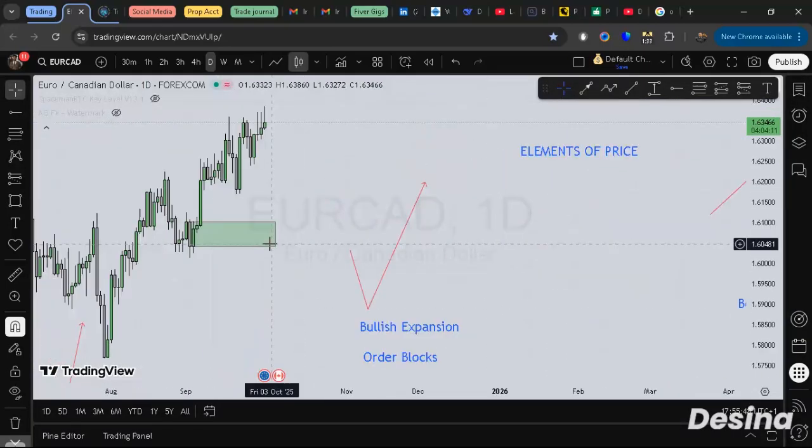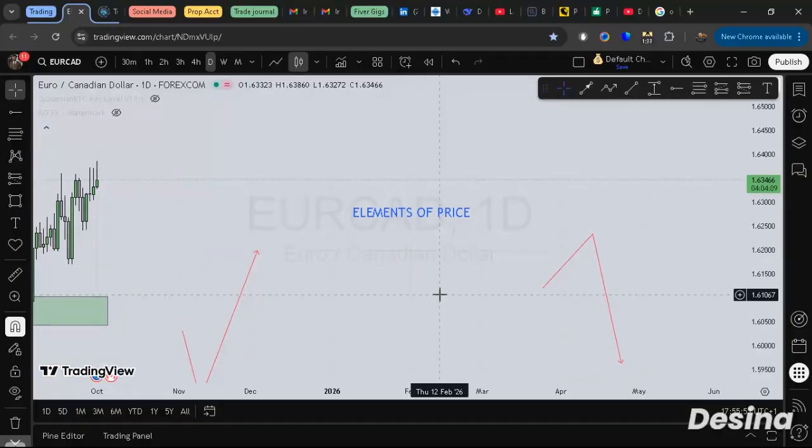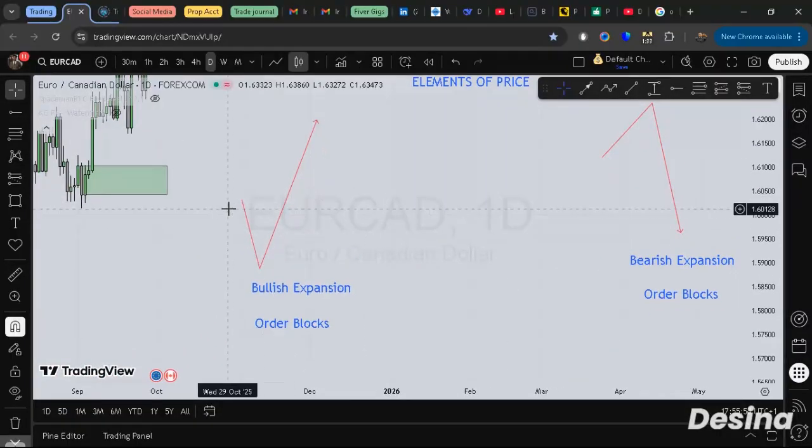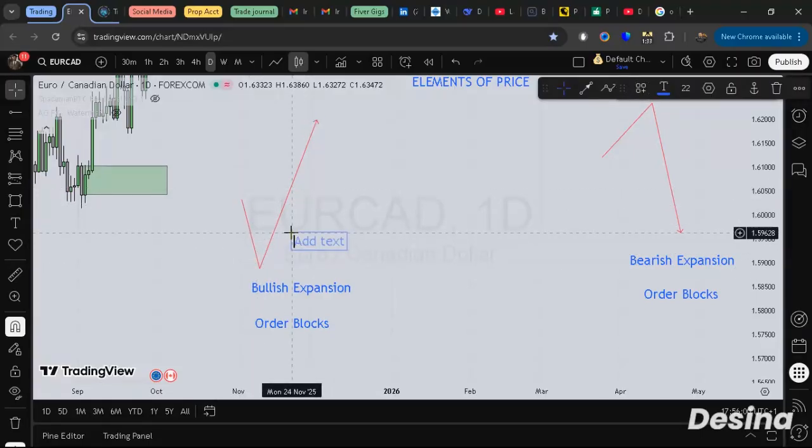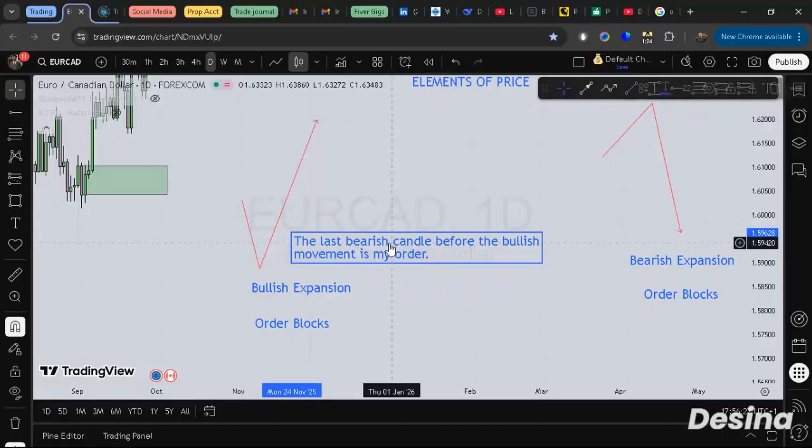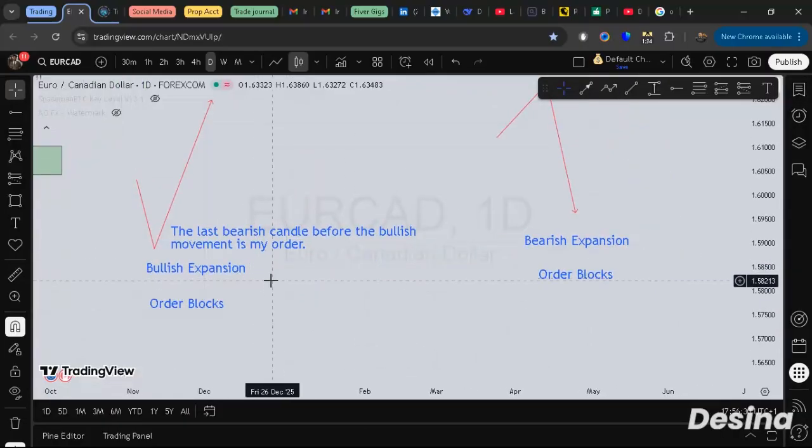So let me type it out now so you understand. What I've been saying is that in this bullish scenario, the last bearish candlestick before the bullish movement is my order block. So that is it in a bullish scenario.